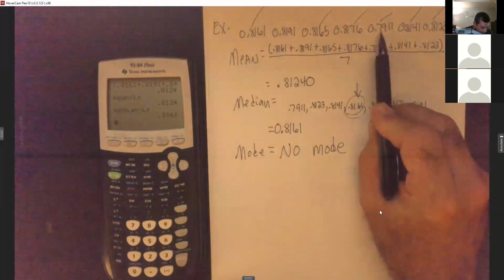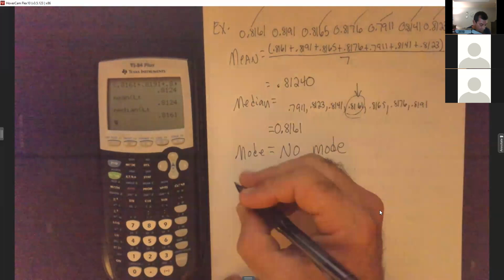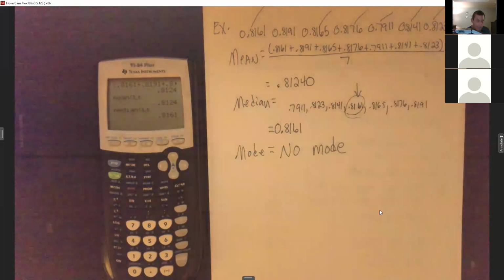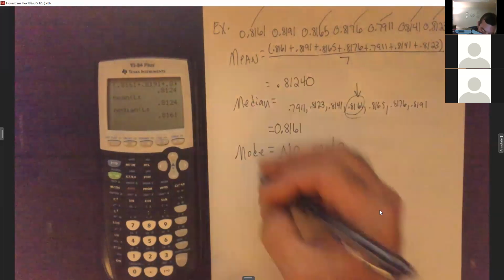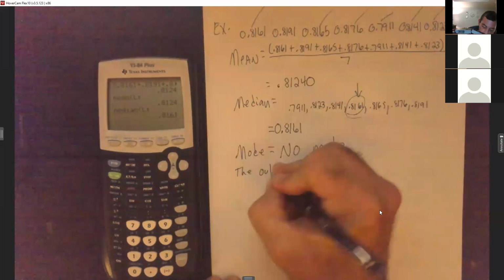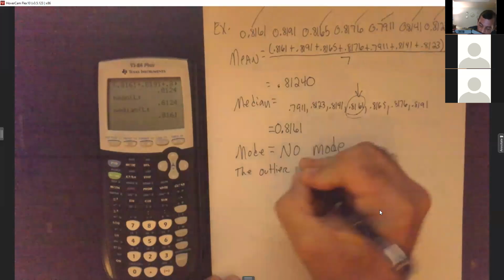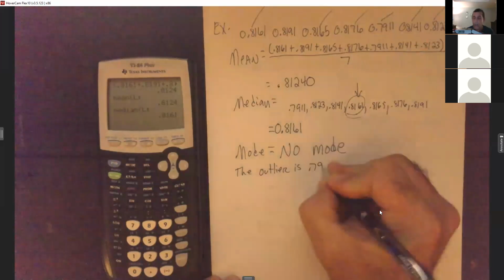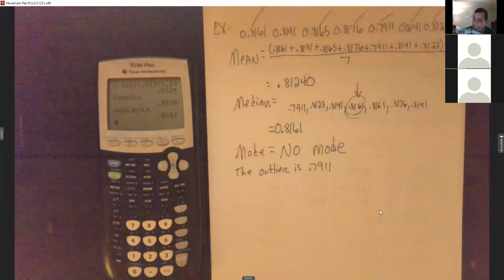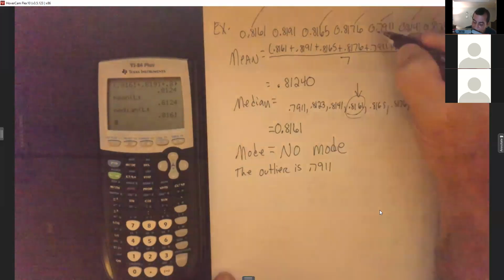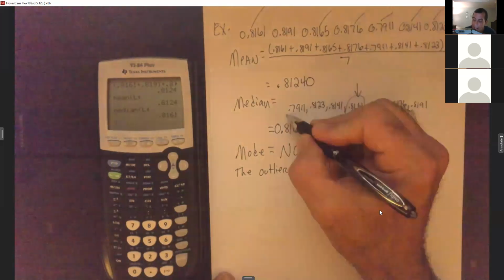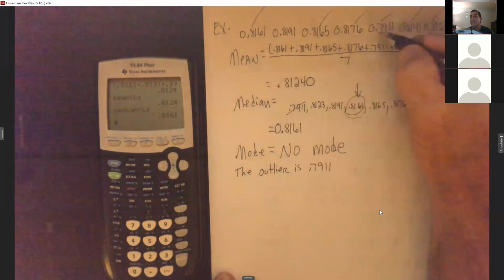So I'm going to consider that 0.7911 to be an outlier. So they said on this problem, did it have an outlier? Yes. And the outlier is 0.7911.